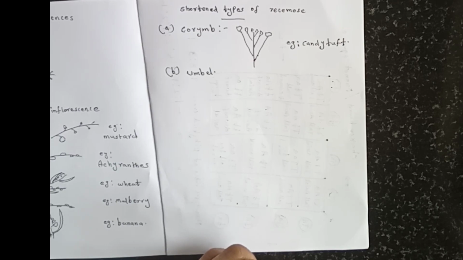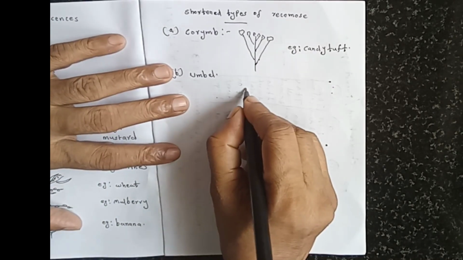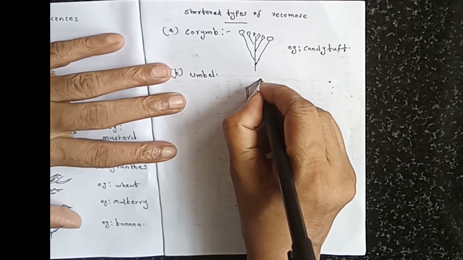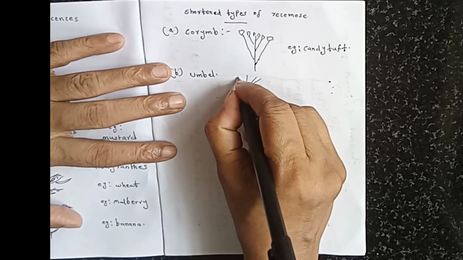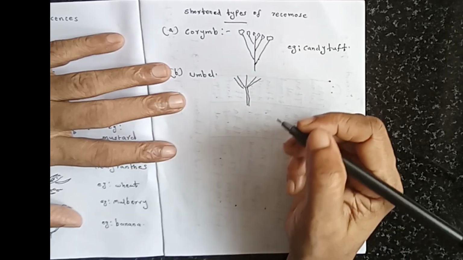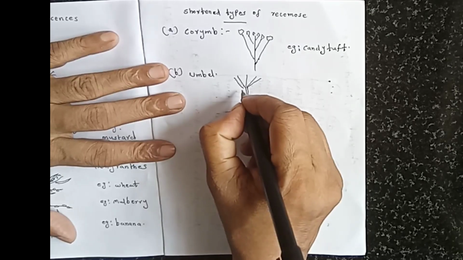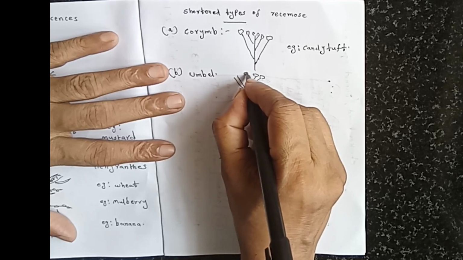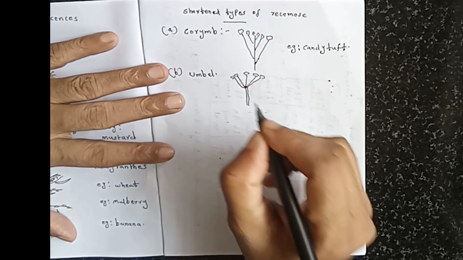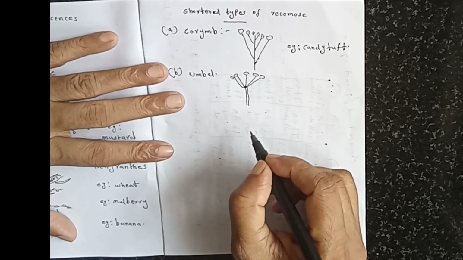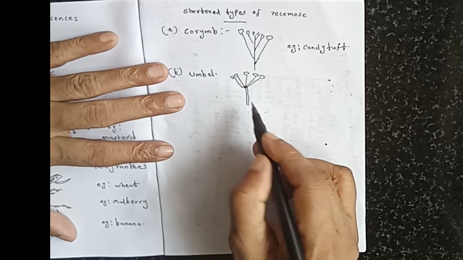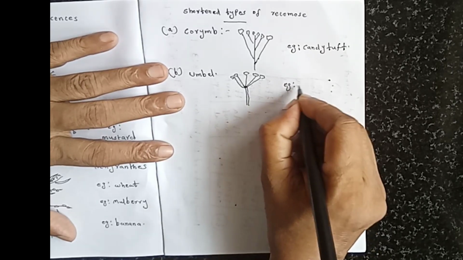Flowers with stalks of equal length arise from the same point. Example, coriander.